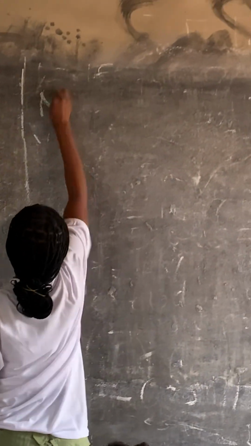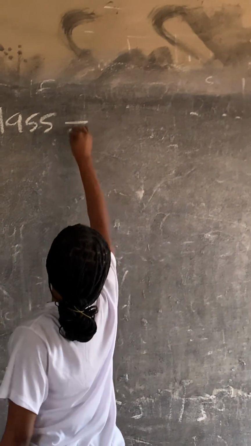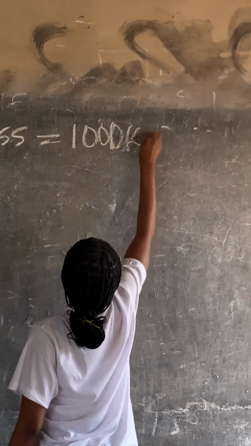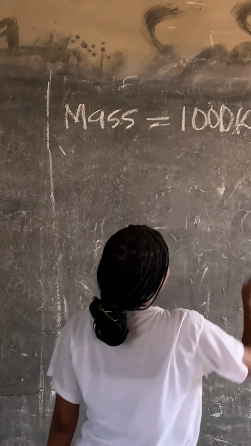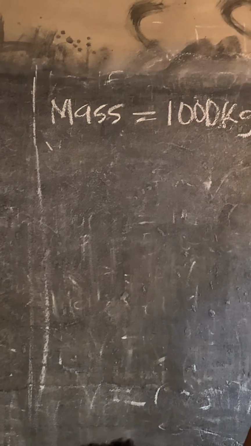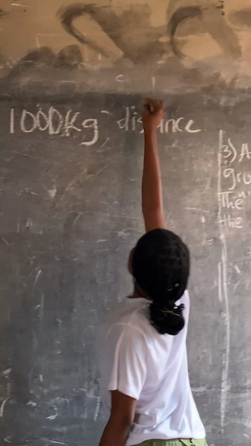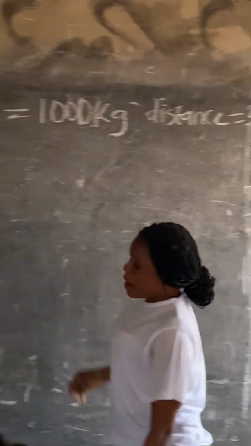Mass, which is equal to what? 1,000 kilogram. What's another parameter given? Distance, which is 3 meters. What's the next parameter?